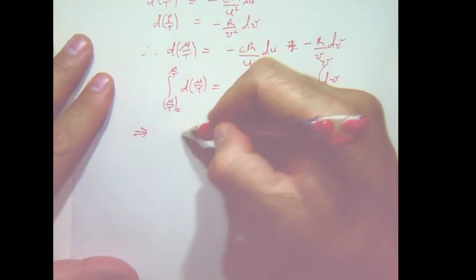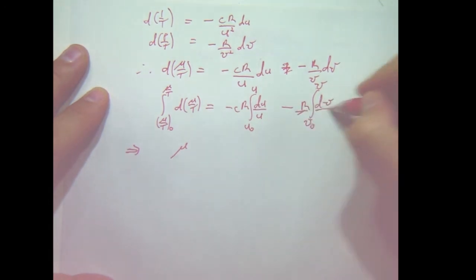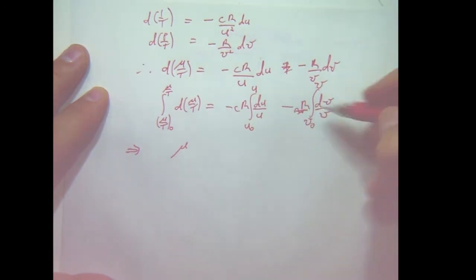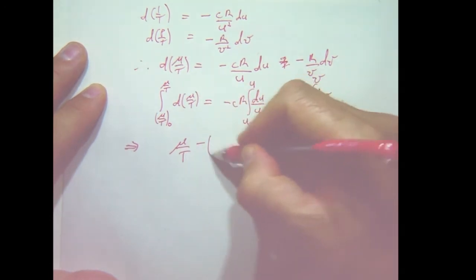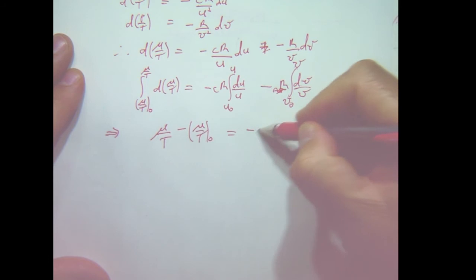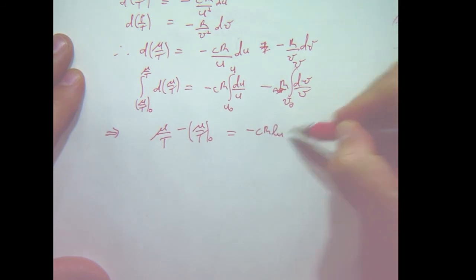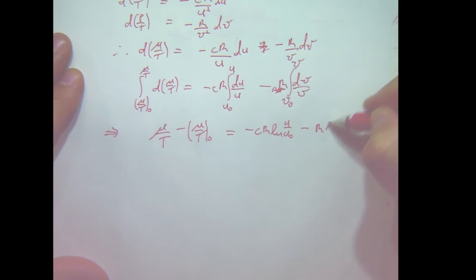So here we get over V. What have I done? Over V, yes. That's really important. So mu on T minus mu naught on T equals minus CR ln u on u naught, minus R ln V on V naught.